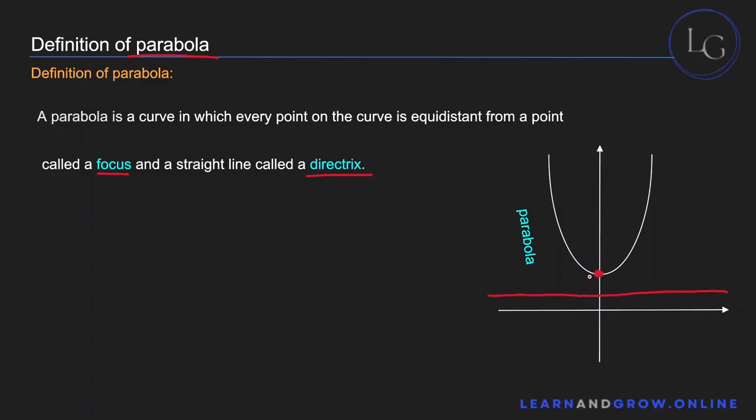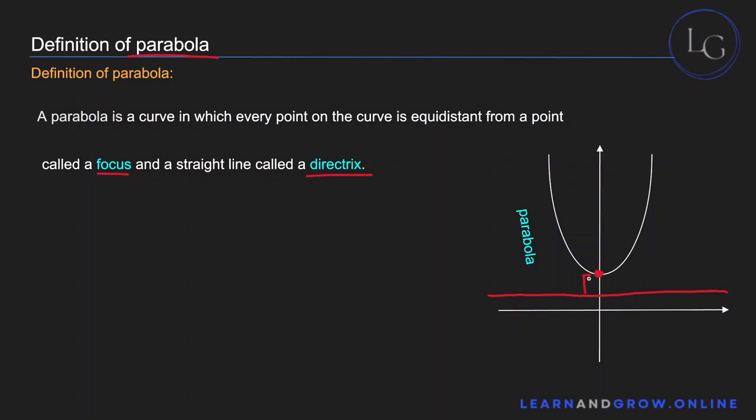Now you calculate the distance from this point to the directrix, and you draw a point directly above the extreme point, the same distance as from this minimum point to the directrix.